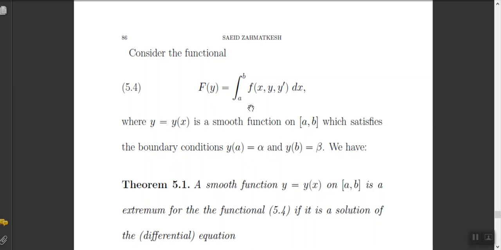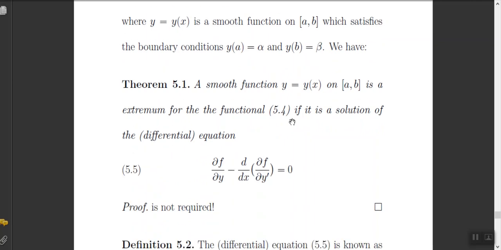So here is the problem. We have this functional, and remember this functional is not necessarily linear. We want to find a smooth function y on this interval such that the value of F for that y is minimal, subject to these boundary conditions.